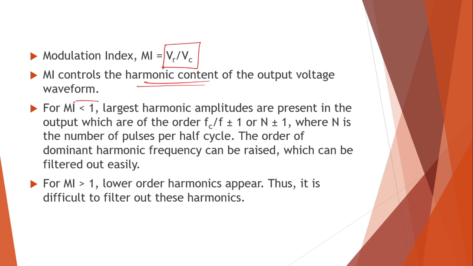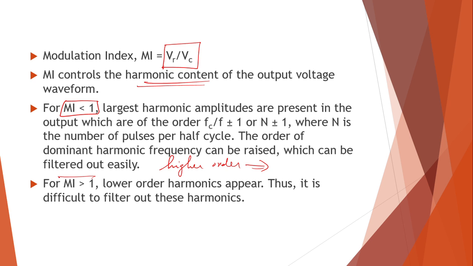If the modulation index is less than 1, the order of the harmonics will be greater. You will be having higher order harmonics. And the higher order harmonics, as I already mentioned, are easier to filter out. Whereas the lower order harmonics can be reduced if you are having the modulation index as less than 1.